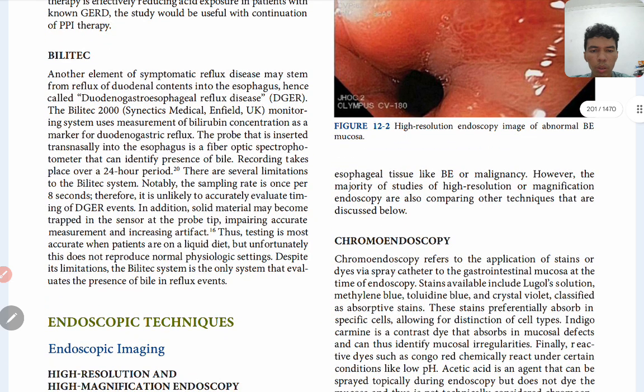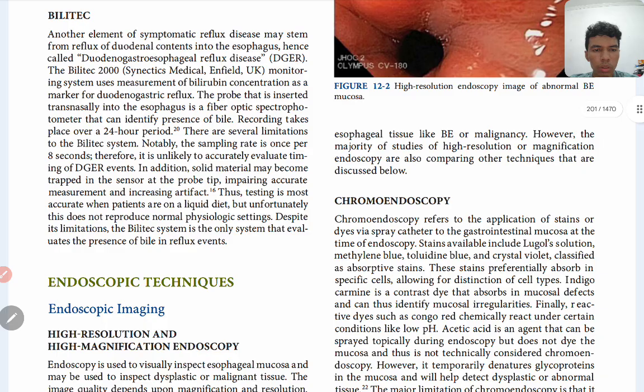Next, chromoendoscopy. Chromoendoscopy refers to application of stains or dyes via spray catheter to the gastrointestinal mucosa at the time of endoscopy. Stains available include Lugol's solution, methylene blue, toluidine blue, and crystal violet, classified as absorptive stains.